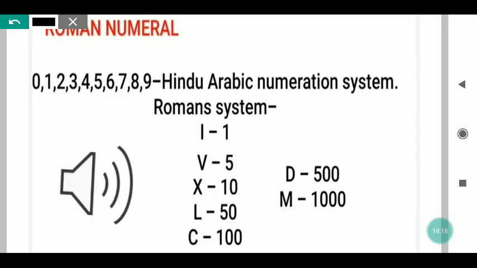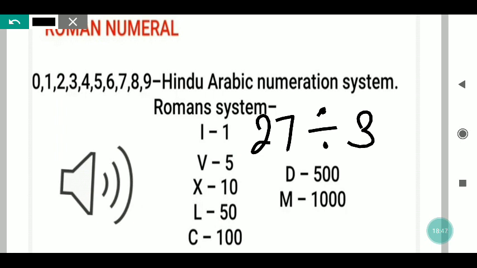Now just see, my dear. In the book, the questions are given in a different form. You don't have to convert Roman numerals into Hindu Arabic or Hindu Arabic into Roman. What you have to do, just see: the question may be 27 divided by 3, and you have to write the result in Roman.